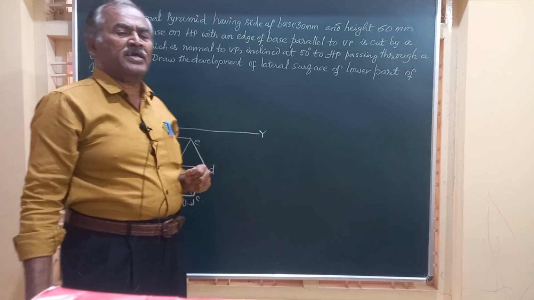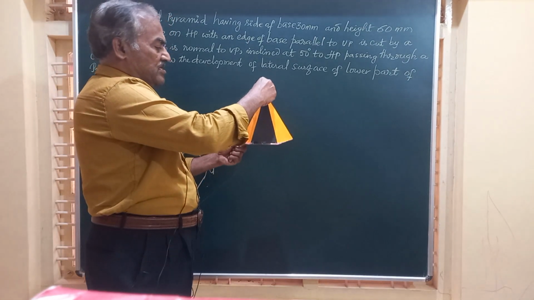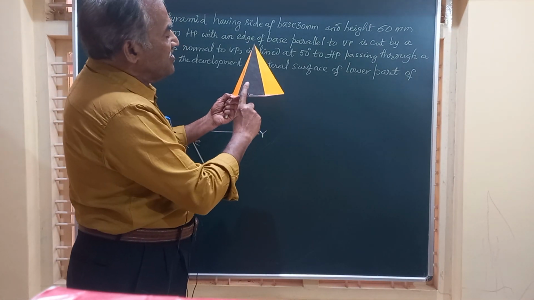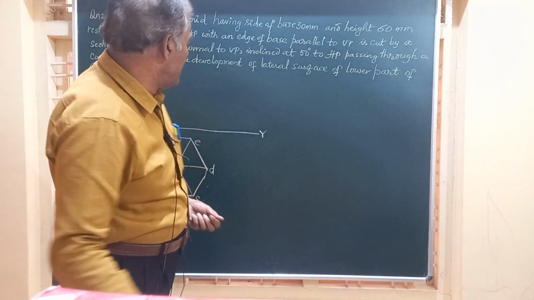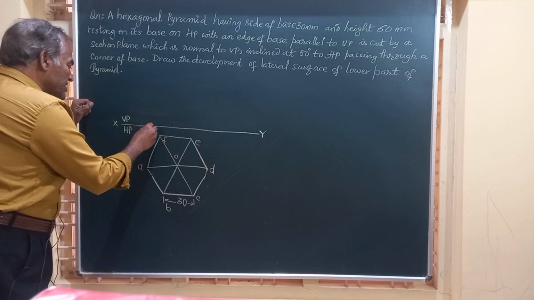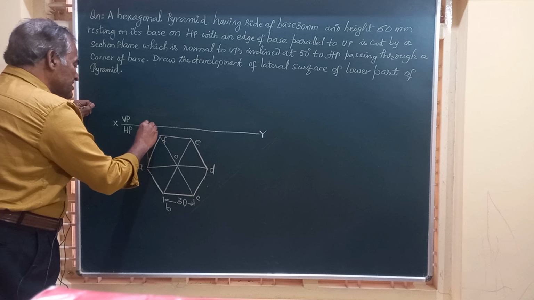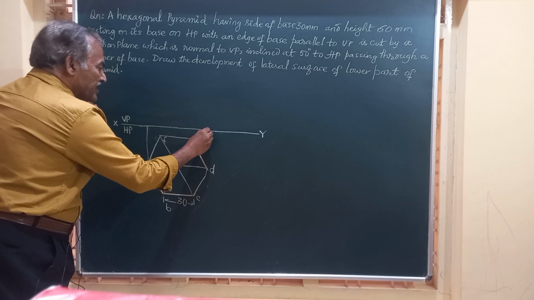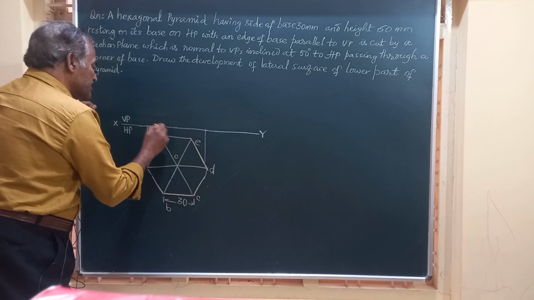Friends, let us obtain the corresponding front view for this. In the front view, you are going to see three triangles. How to obtain that? From these corners A, B, C, D, etc., you draw vertical lines to meet XY at these points.